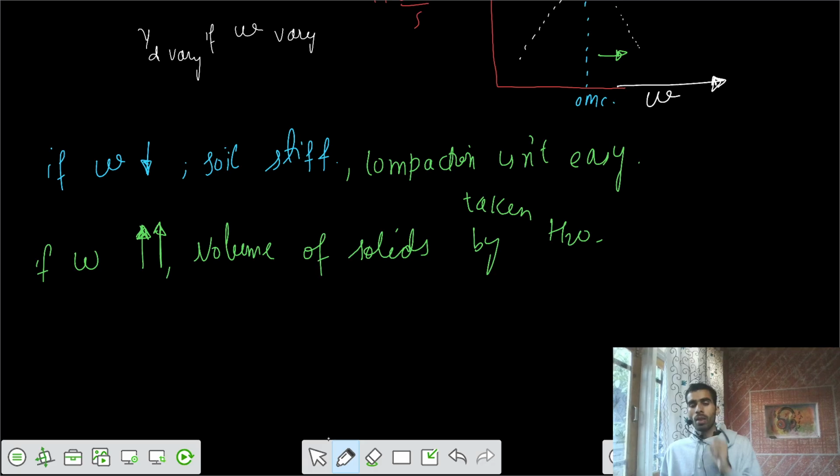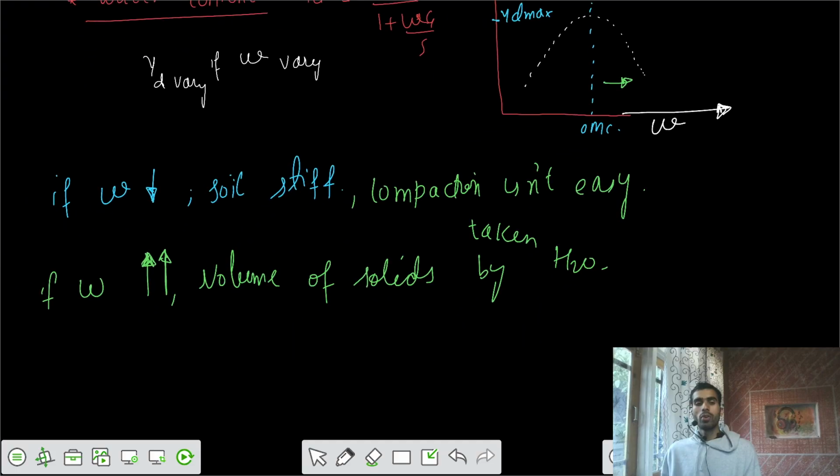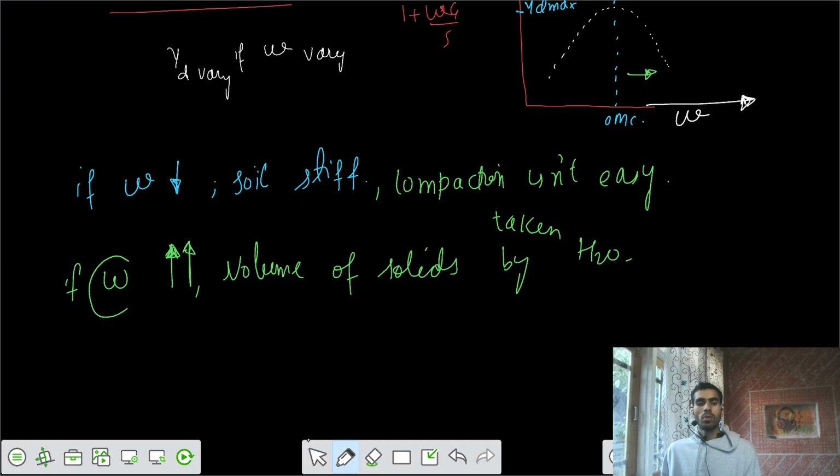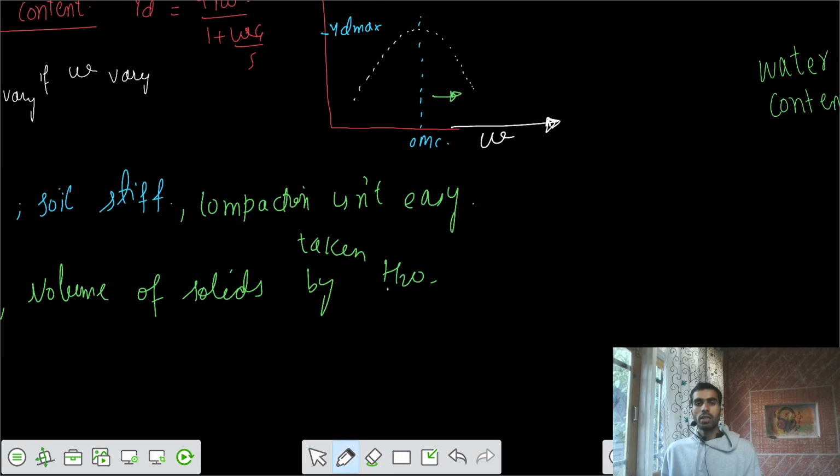So if the water content is less than the optimum moisture content, the soil is stiff and compaction is not easy, so we get a lower value of gamma d. On the other side, if the water content is more than the optimum moisture content, the extra water tries to occupy the volume of the solids.